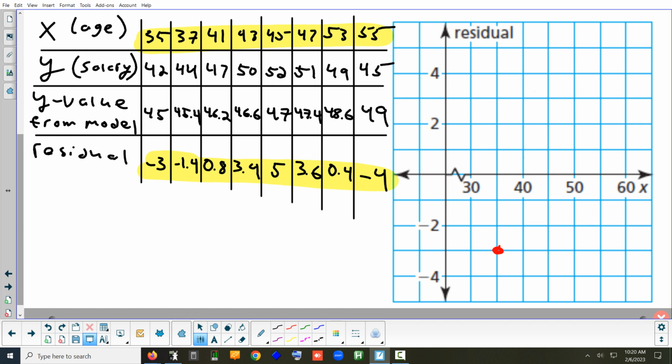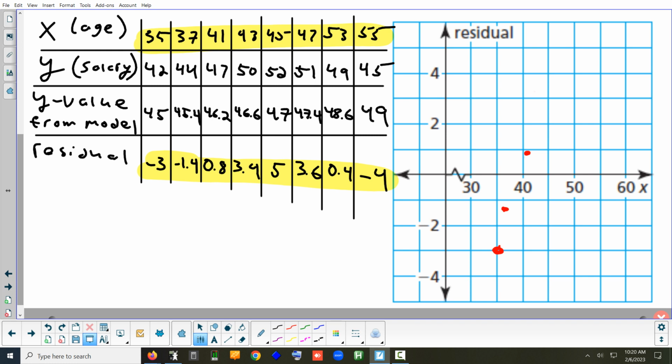Yep. 37, -1.4. Just an estimate. That's good enough. All right, what's the next one? Yeah. 41 and 0.8, maybe right about there.